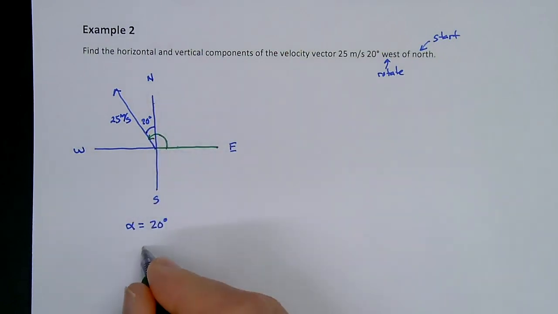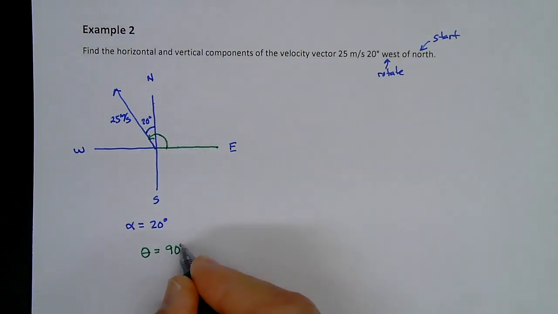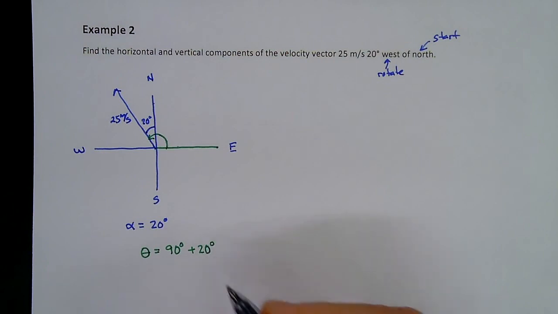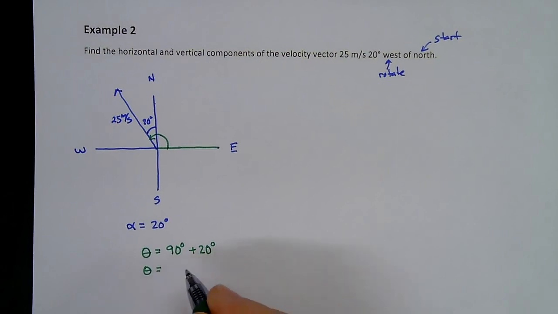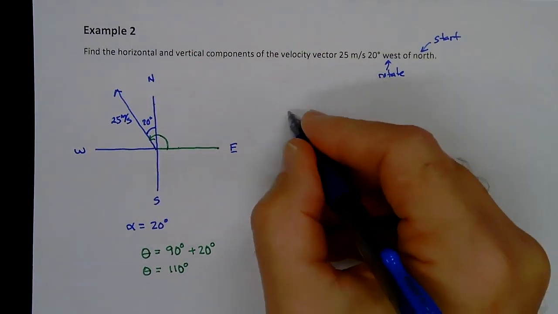So theta is 90 degrees plus 20 degrees, which is 110 degrees. We have to get the right angle of rotation in order to get the right values for our trig functions.